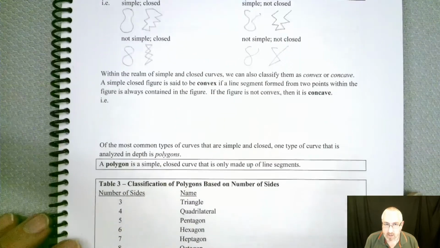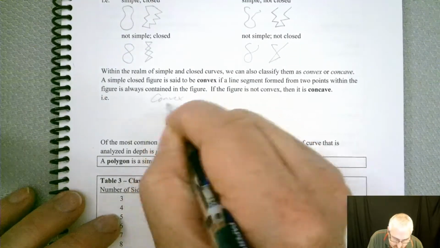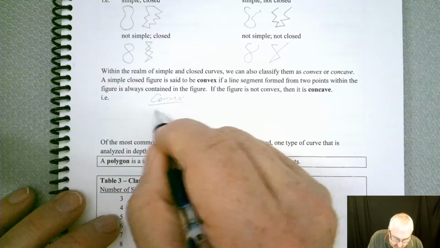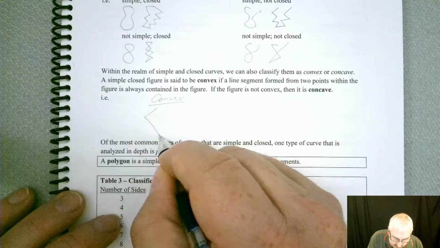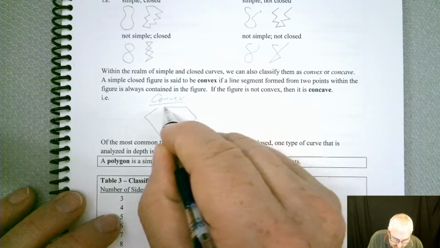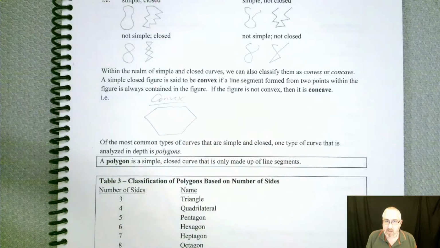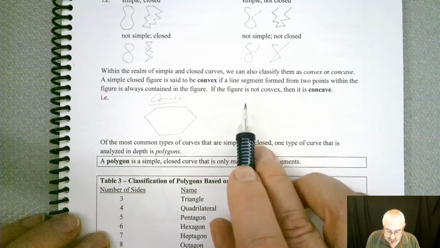All right, so let's take a look at a couple pictures. If we had convex, something that looks like this, and I'm going to use straight lines just because it's a little bit nicer. Okay, so we have a shape that looks like this. Now let's see why it is convex based on this definition.